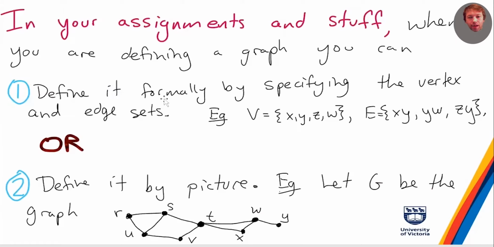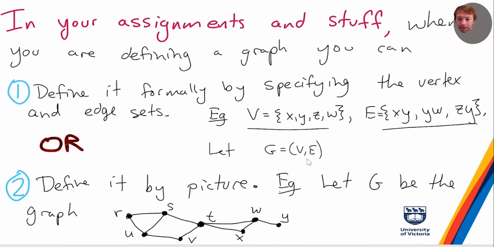And this refers to something I said earlier: in your assignments, I'm totally happy for you to define a graph by specifying the vertex set, writing V equals X, Y, Z, W, and then specifying the edge set, E equals XY, YW, ZY, and saying, let G be (V, E).